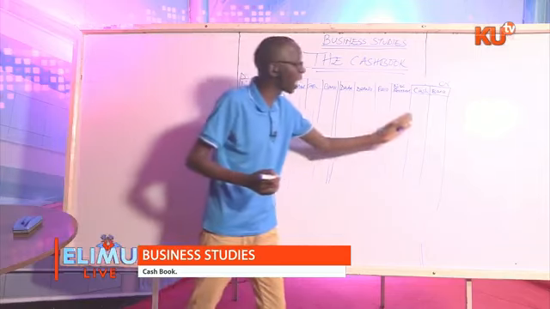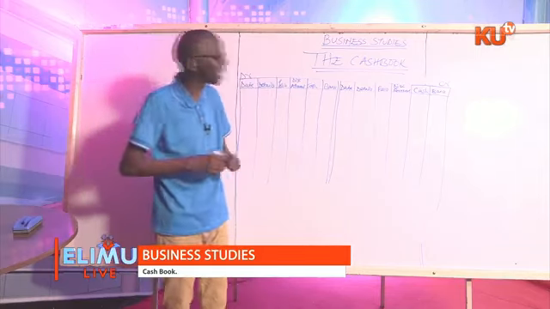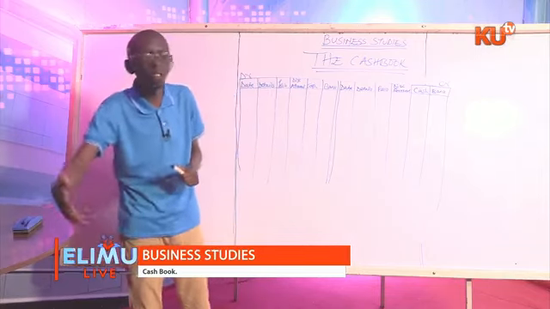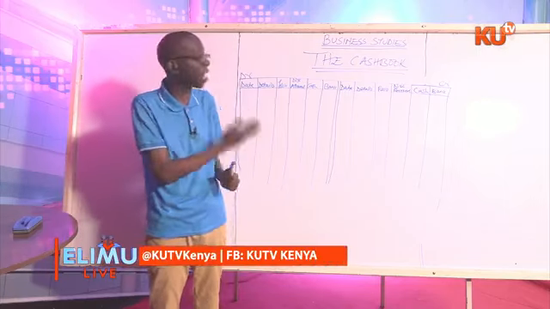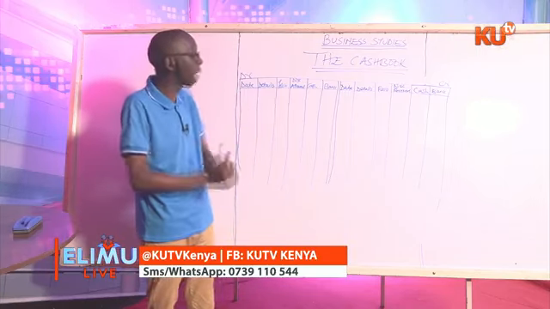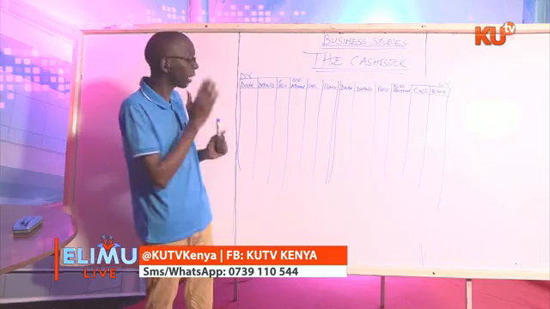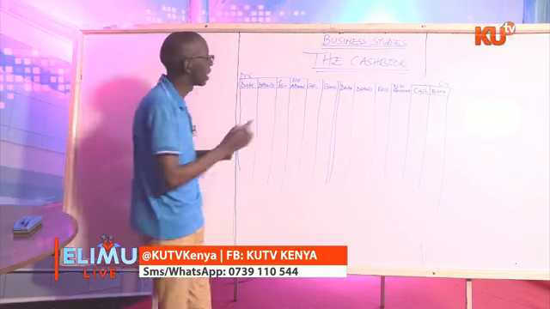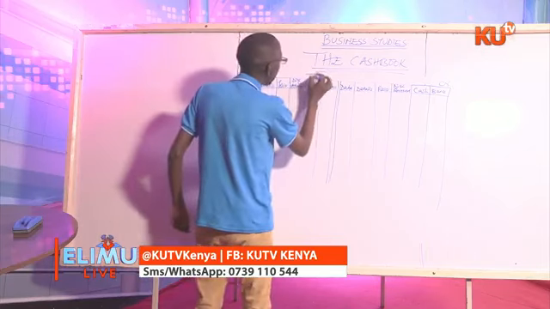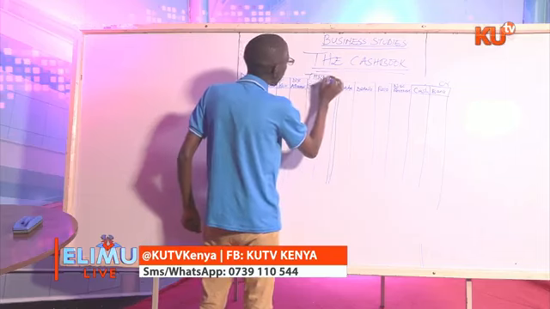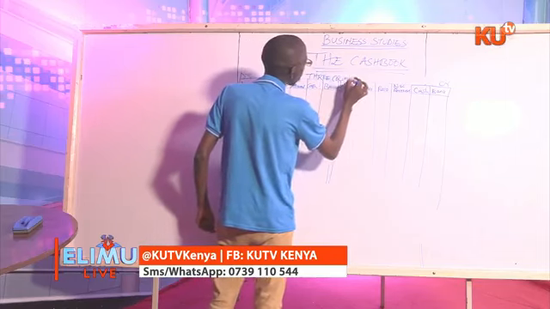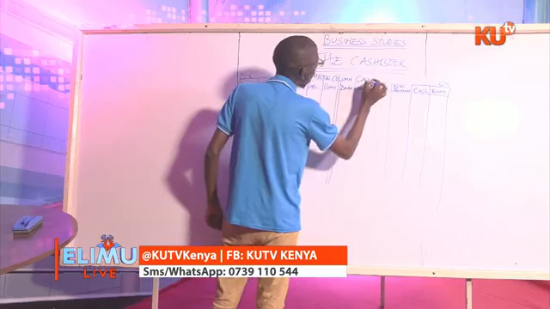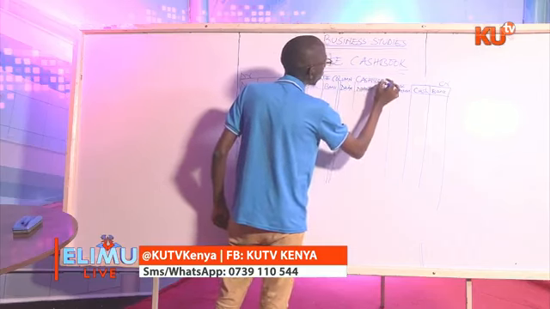On the credit side, we record the transactions that will involve a decrease in the amount in cash and the amount in bank. Therefore, this is the first thing that you need to know. We must have the heading 3-column cash book.